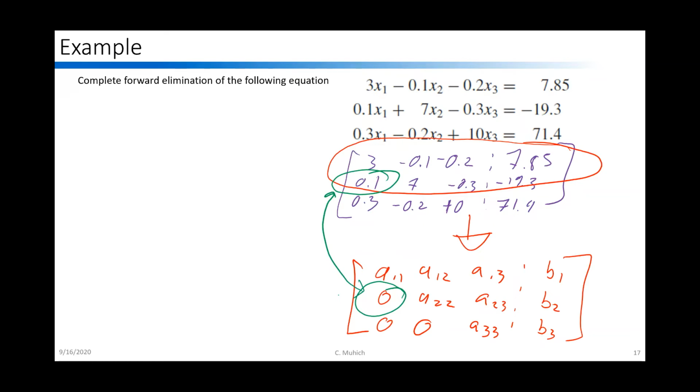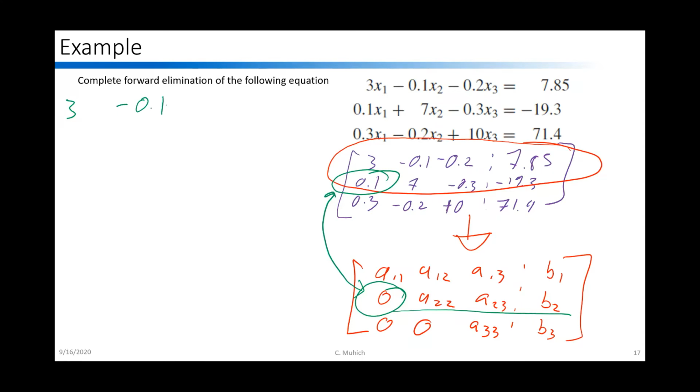We need to find a way to do this. So we're going to subtract something about the first row from the second row in order to transform it into this form.